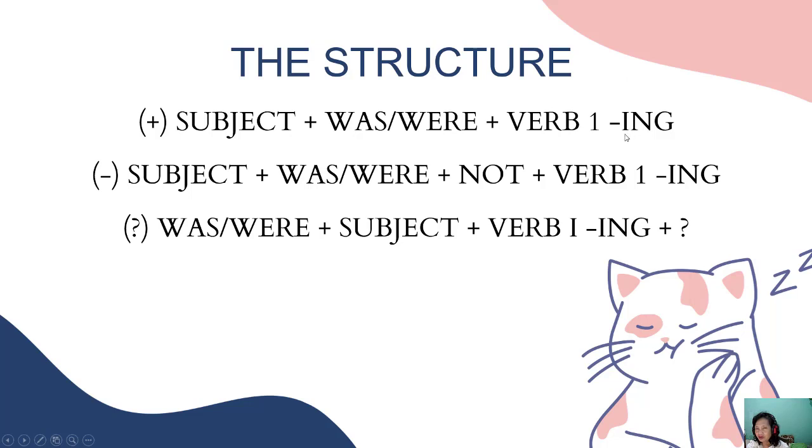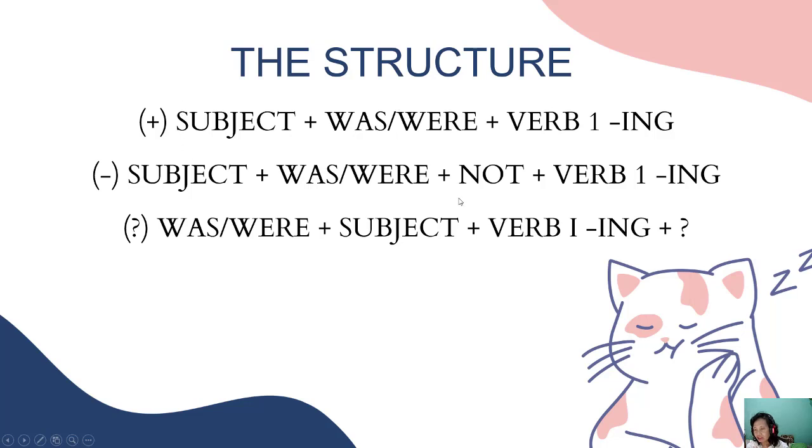So, how to differentiate the tense? Of course, with the to be. In present continuous, the to be is is, am and are, the present form. But in past continuous, we have was and were. So this is the past form of to be.